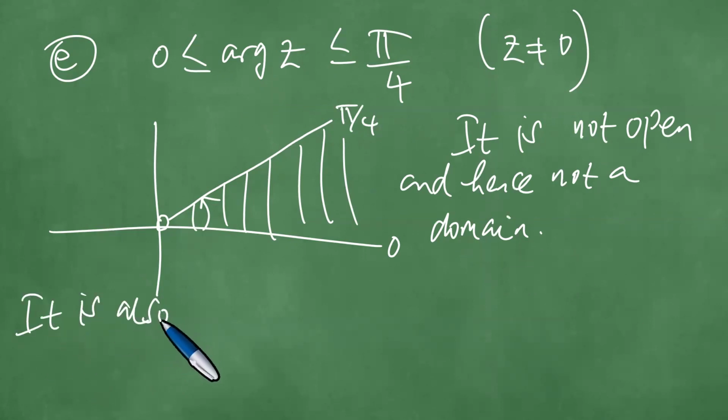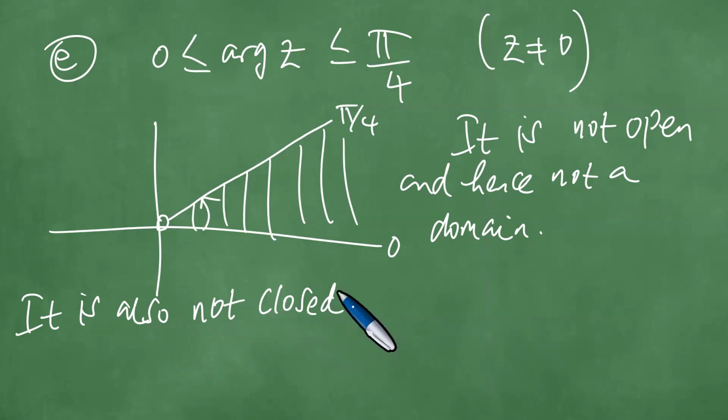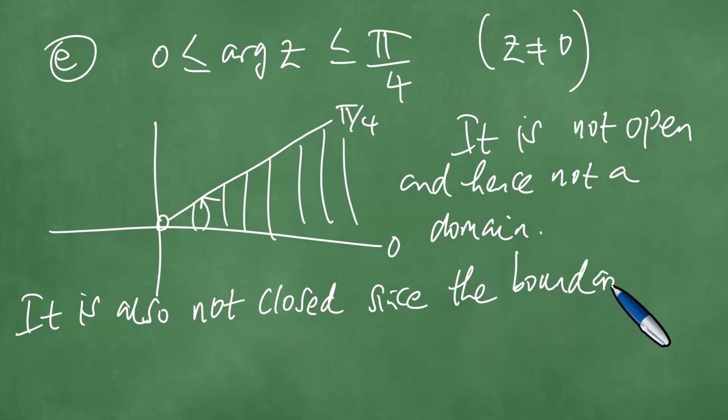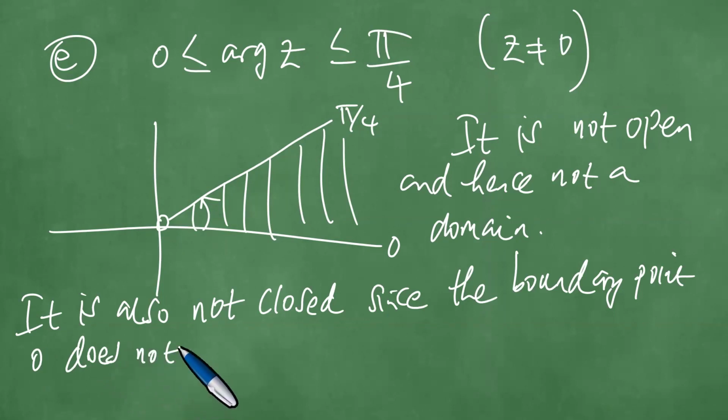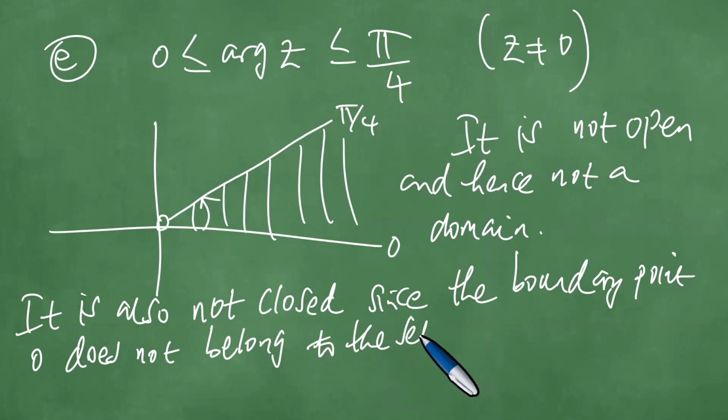It is also not closed, since the boundary point 0 does not belong to the set.